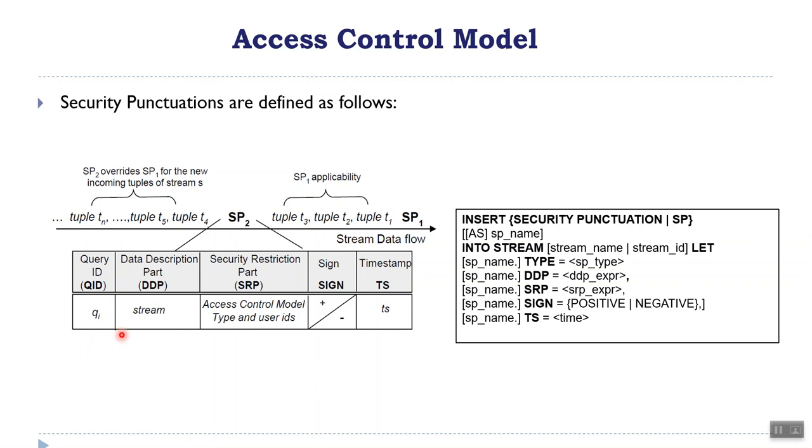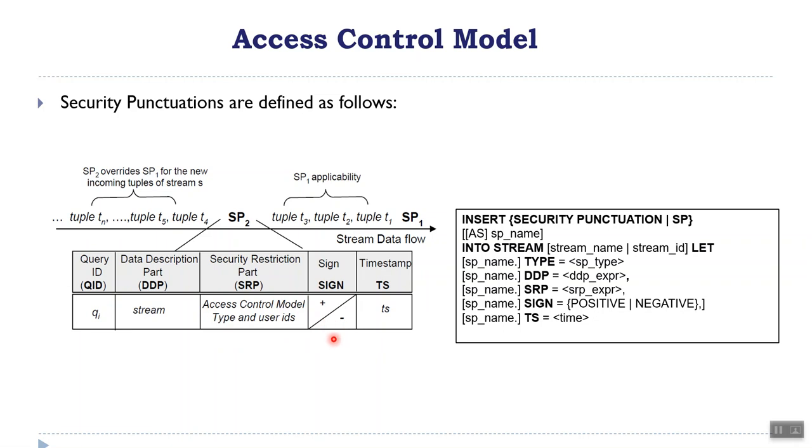If we look at the structure of one security punctuation, we see that it specifies the query. The data description part is the stream, in our case, the data stream. And then in the security restriction part, it specifies what type of access control model is used and the user IDs. And then in the sign part, this is positive or negative.